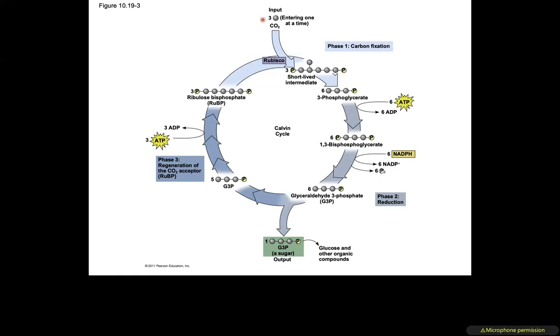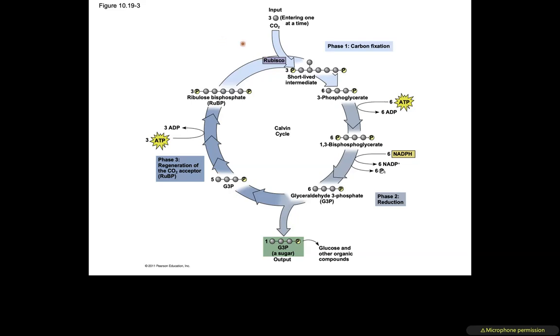Another one goes in, it'll cycle around and go through all the process. Another one goes in, and it'll cycle around and go through the process. And then it'll actually do that again with another 3 molecules in order to produce a full glucose. But this is just showing what it takes to make half a glucose.